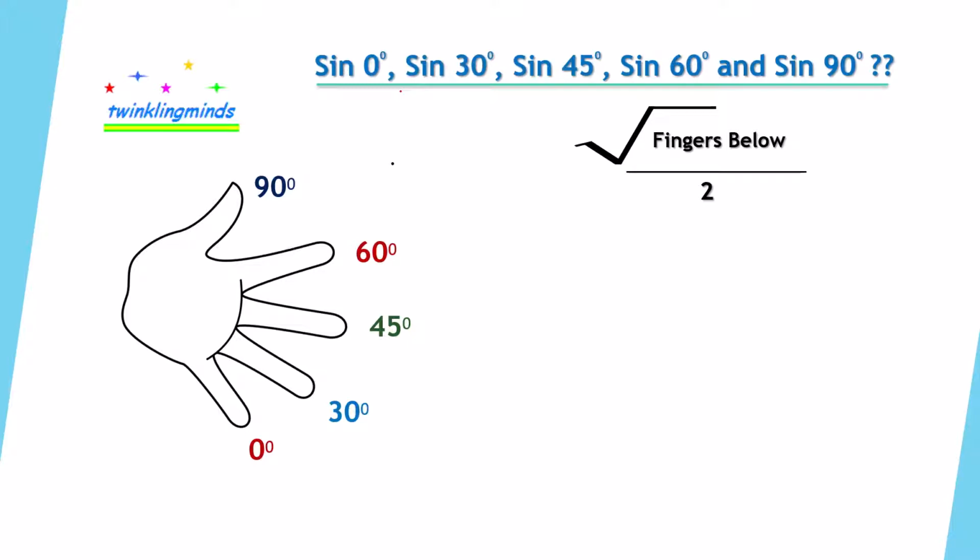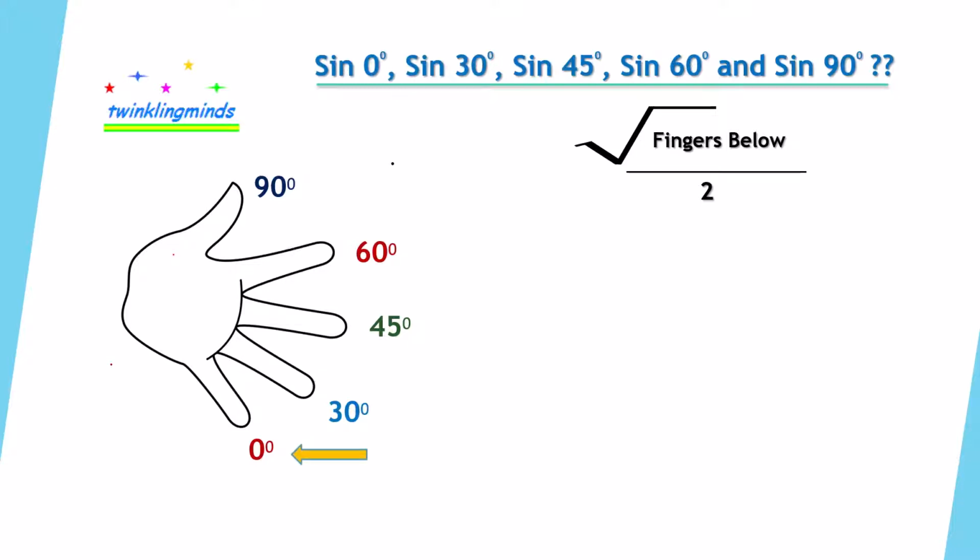Square root is only for numerator. We can find the values of 0 degrees, 30 degrees, 45 degrees, 60 degrees and 90 degrees using this method. So let us start with sine 0 degrees.